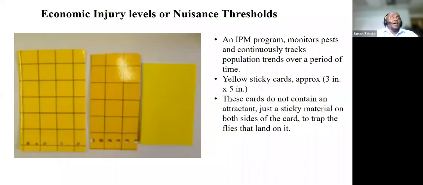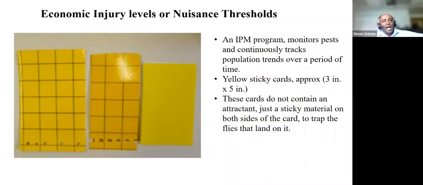An IPM program monitors pests and continuously tracks population trends over a period of time. Yellow sticky cards are approximately 3 inches by 5. These cards do not contain an attractant, just sticky material on both sides of the card to trap the flies that land on it.